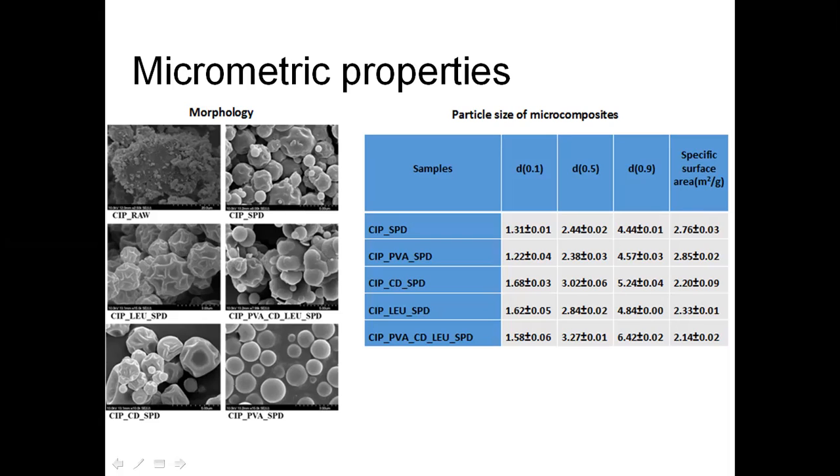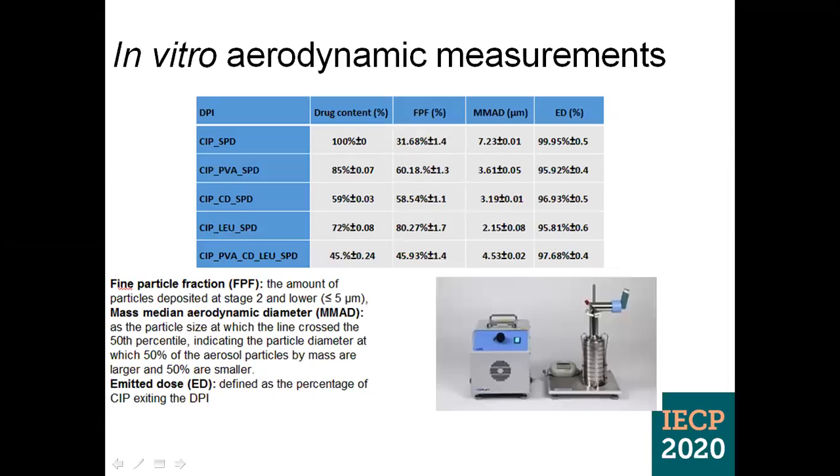Of course, compared with the raw material, the specific surface area also improved. During the aerodynamic investigation, the fine particle fraction, the mass median aerodynamic diameter, and the emitted dose could be determined. The marketed DPI products presented around 20–30% FPF value. With special formulation and use of additives, our results could predict much higher deposition in the lung.